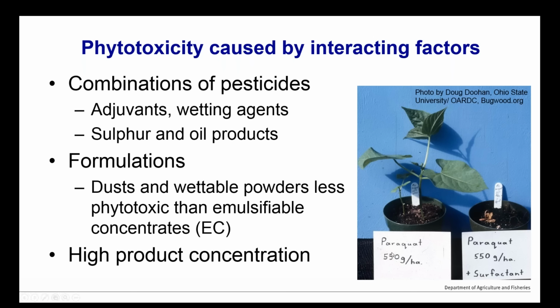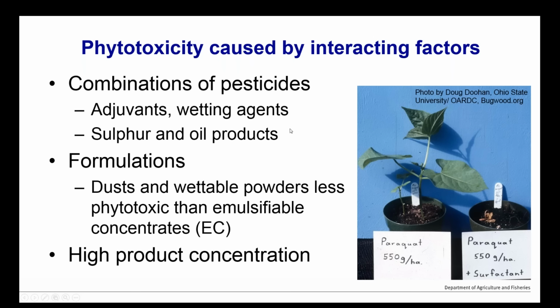Now, paraquat, as you probably recognize, is a herbicide, and it's unlikely that you'll be applying that to your nursery crop, I hope. But the image here is just to illustrate paraquat by itself versus adding a surfactant, you had a much stronger reaction with the surfactant than without.